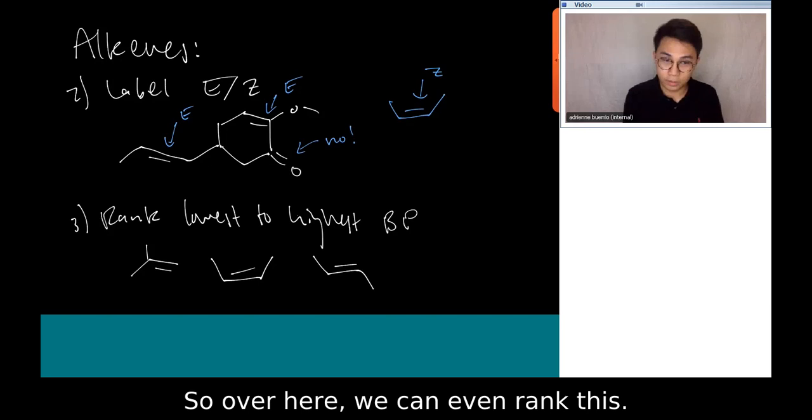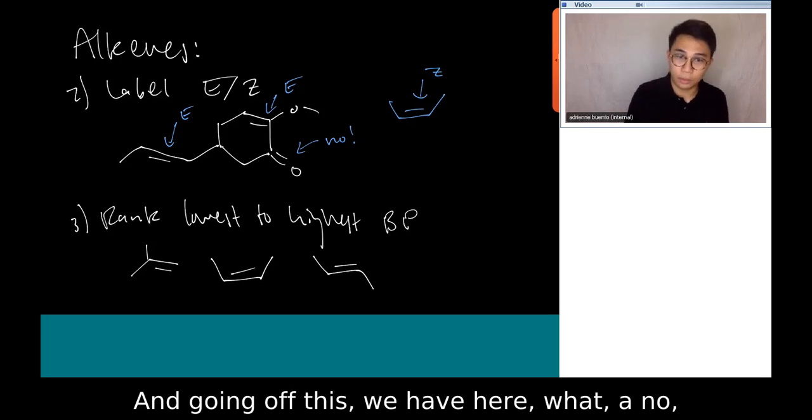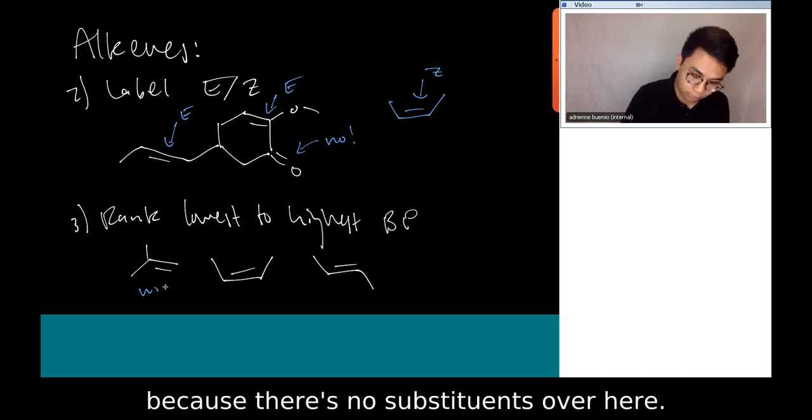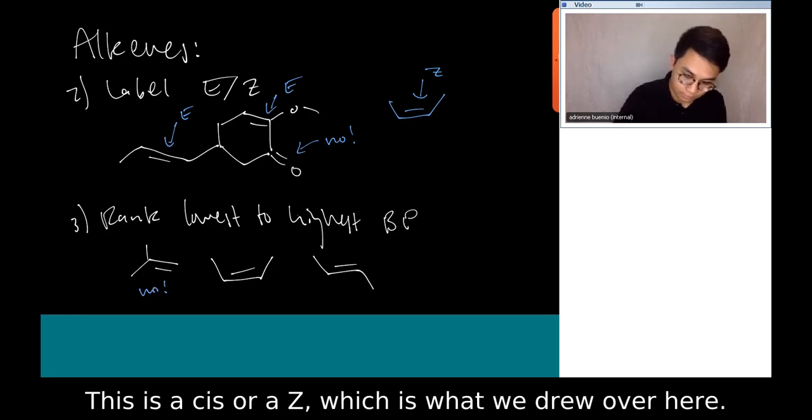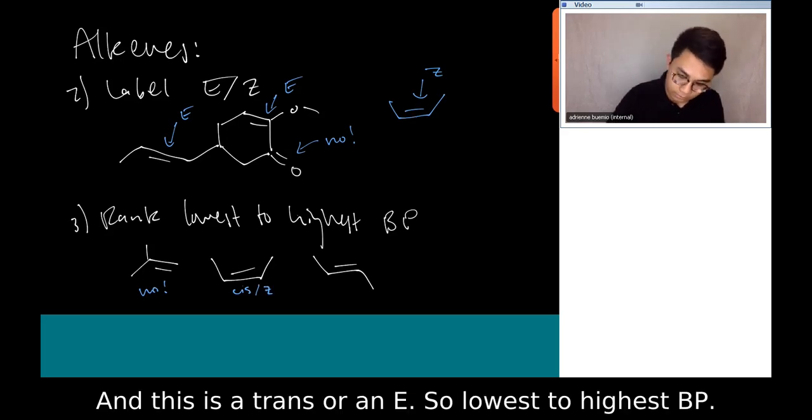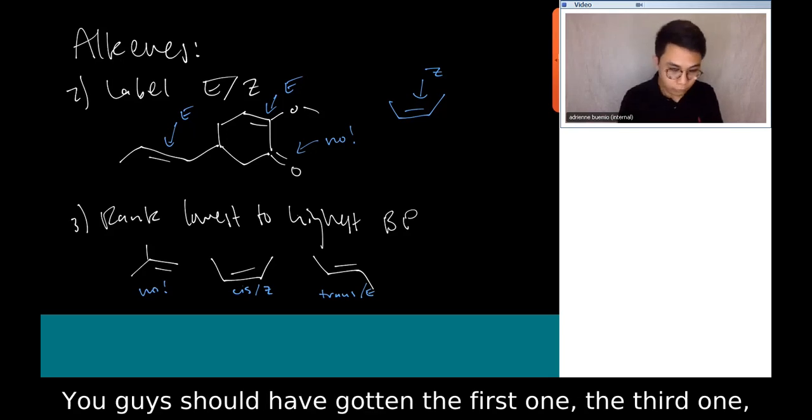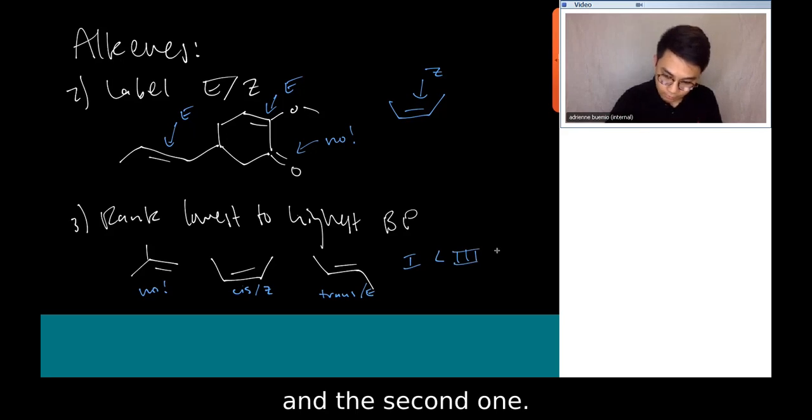Okay. So over here we can even rank this, and going off of this, we have a none here, right? Because there are no substituents over here. This is a cis or a Z, which is what we drew over here, and this is a trans or an E. So, lowest to highest boiling point, you should have gone the first one, the third one, and the second one, right?